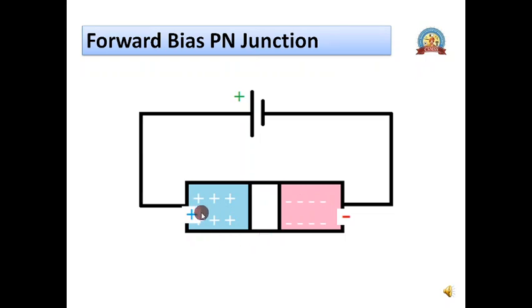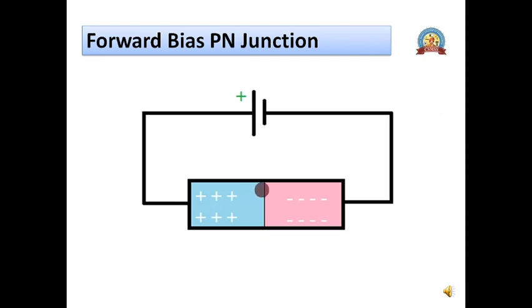So the density of positive charge in the p-type region will keep on increasing and the density of negative charge in the n-type region will keep on increasing. Eventually this density will overcome the depletion region and will eradicate the depletion region.